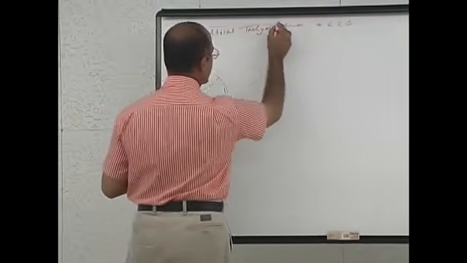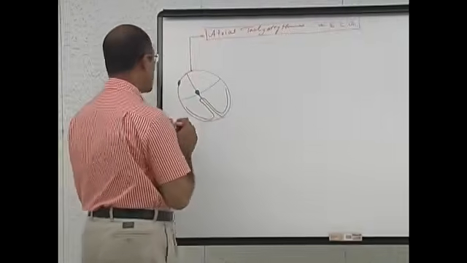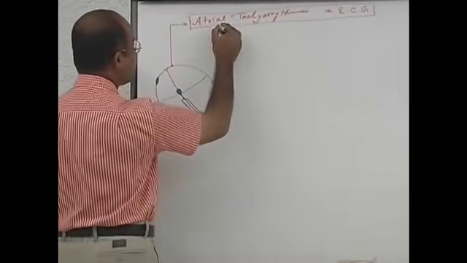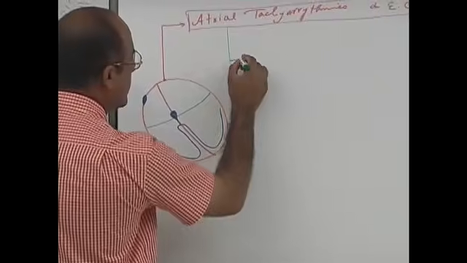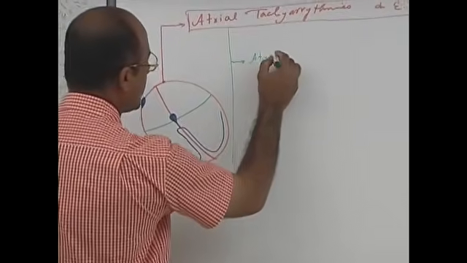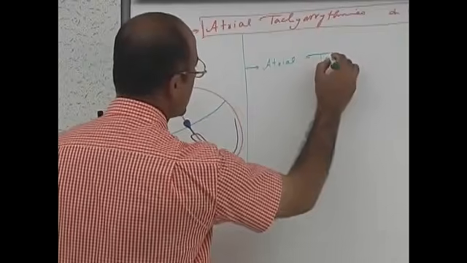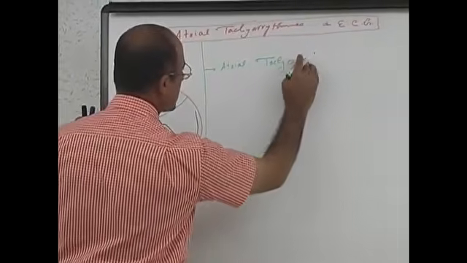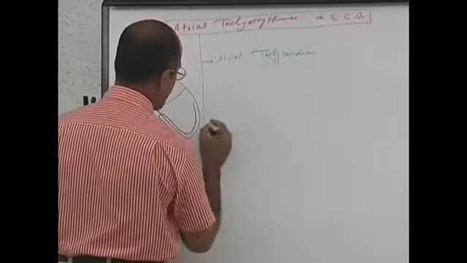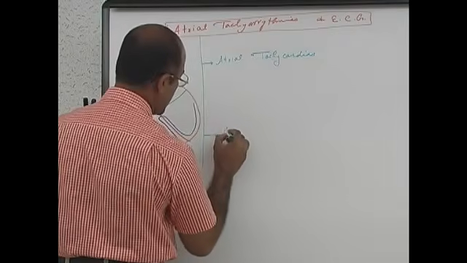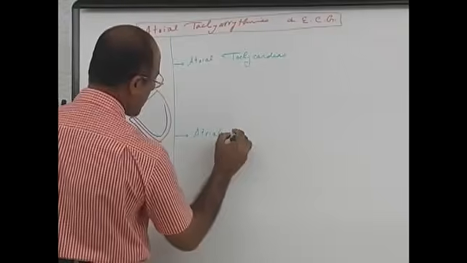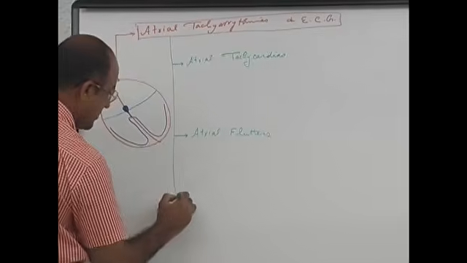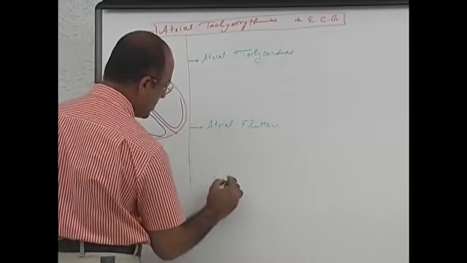When we talk about atrial tachyarrhythmias, basically there are three types: atrial tachycardia, atrial flutter, and atrial fibrillation.